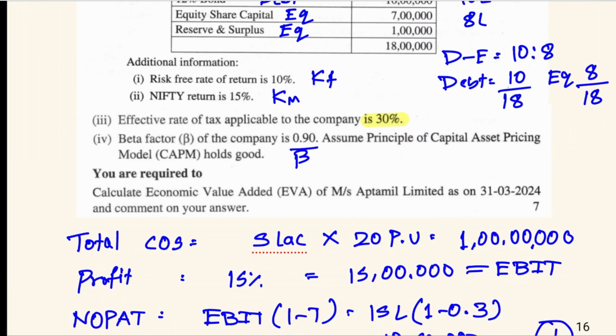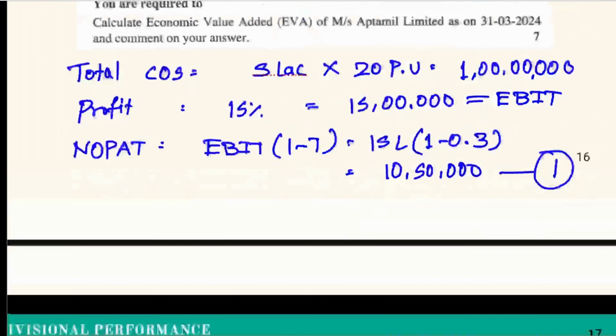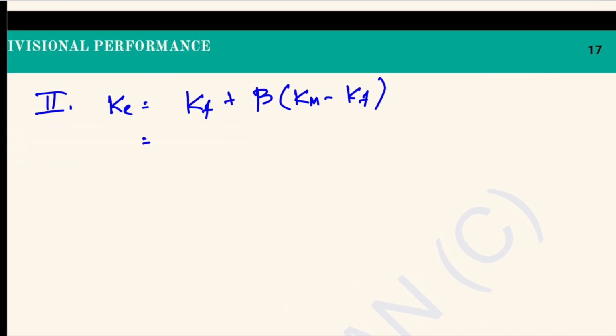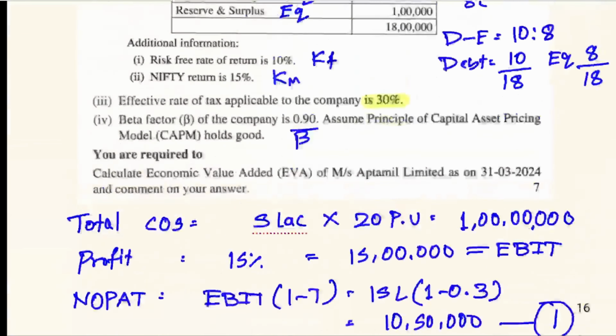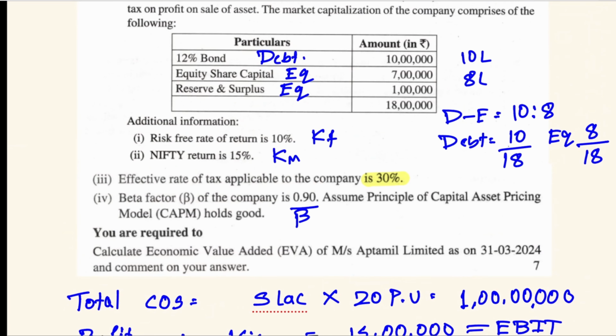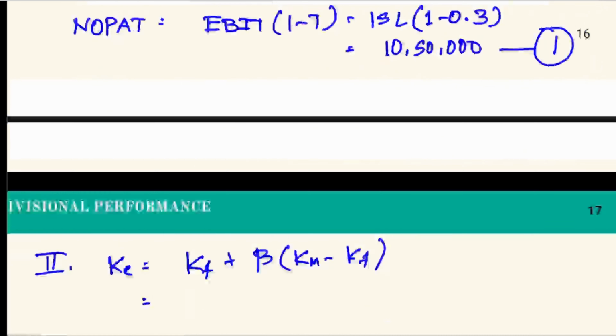Using this, calculate EVA. So in the second part, first we will calculate cost of equity, which is KF plus beta into KM minus KF. Here KF is 10%, KM is 15%, beta is 0.9.